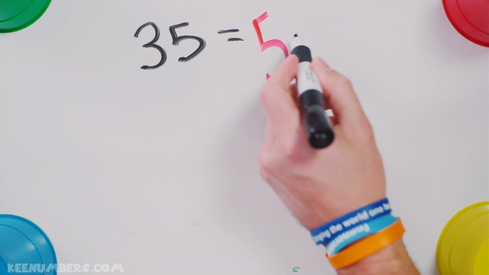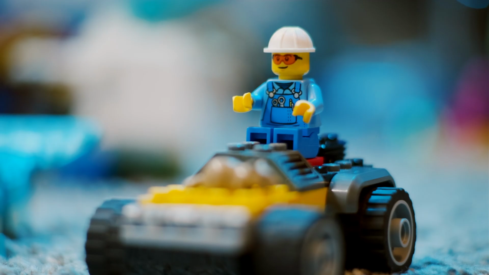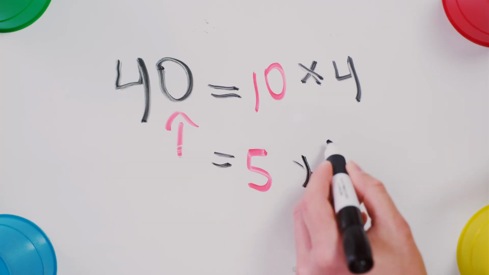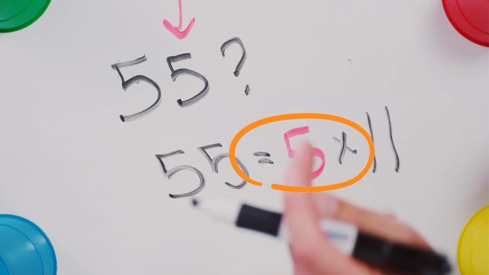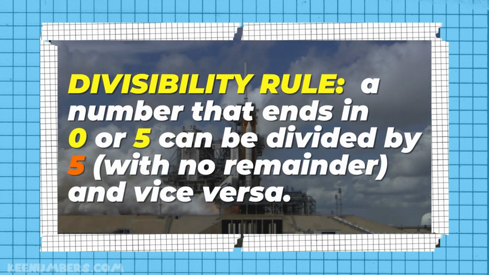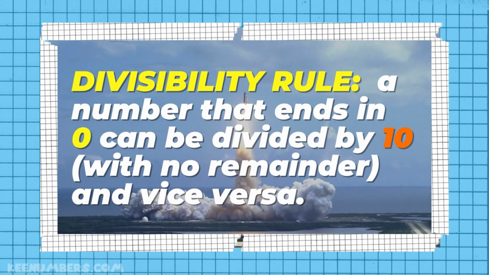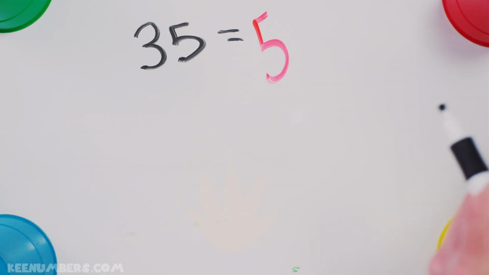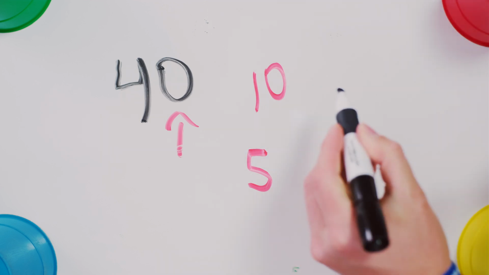If it ends in 0, you can divide by 5 or 10.